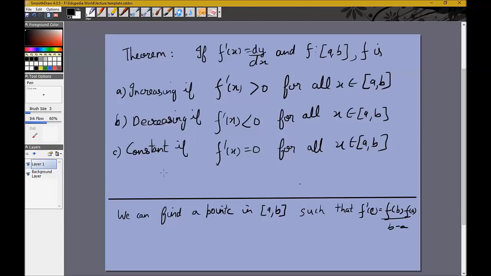So now if we have, let's say, this number line, this is a, this is b, this is c, so we can find a point c between them such that this statement is true.